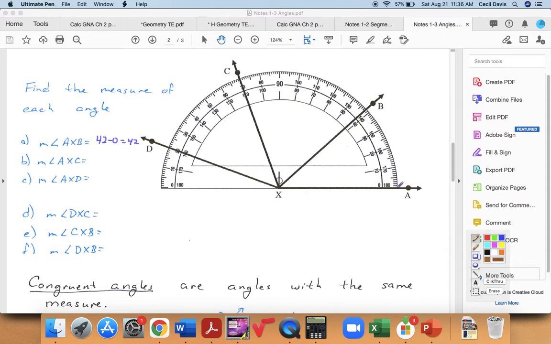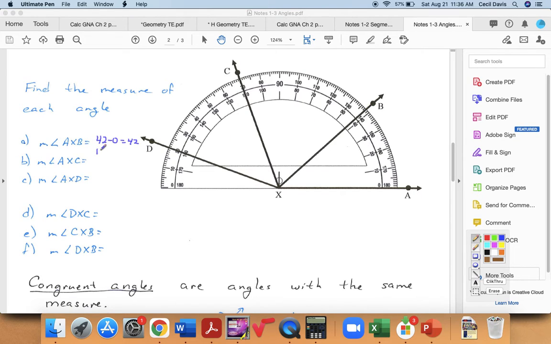On the outside scale, ray XA, this side, goes through 180, and ray XB, this side, goes through 138. Now be careful, it's not 142, because this is between 130 and 140. So that's 138.